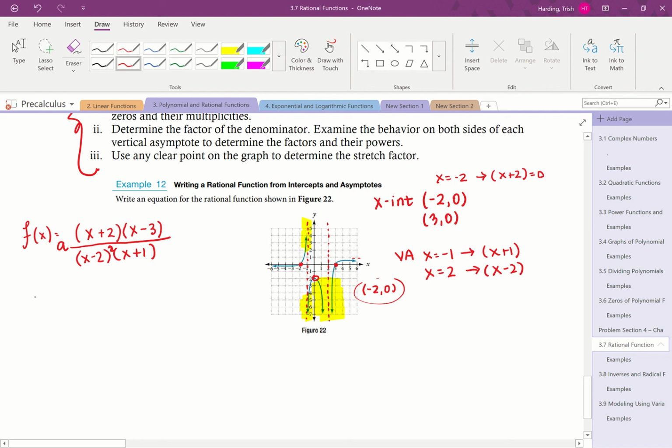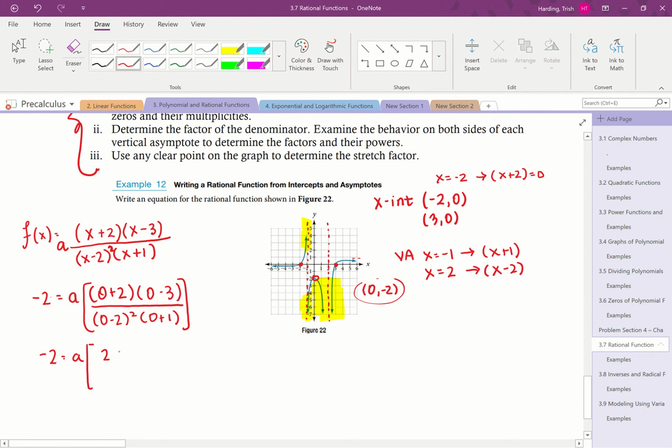So my x is 0, my y is negative 2. So if my y is negative 2 and my x is 0, I'm going to have 0 everywhere where x is. And I'm just going to keep simplifying and solve for a.